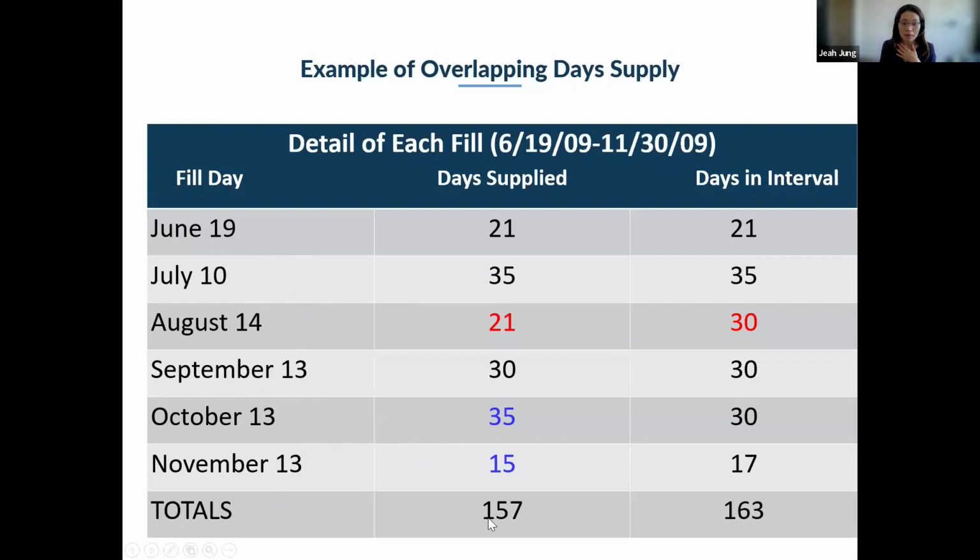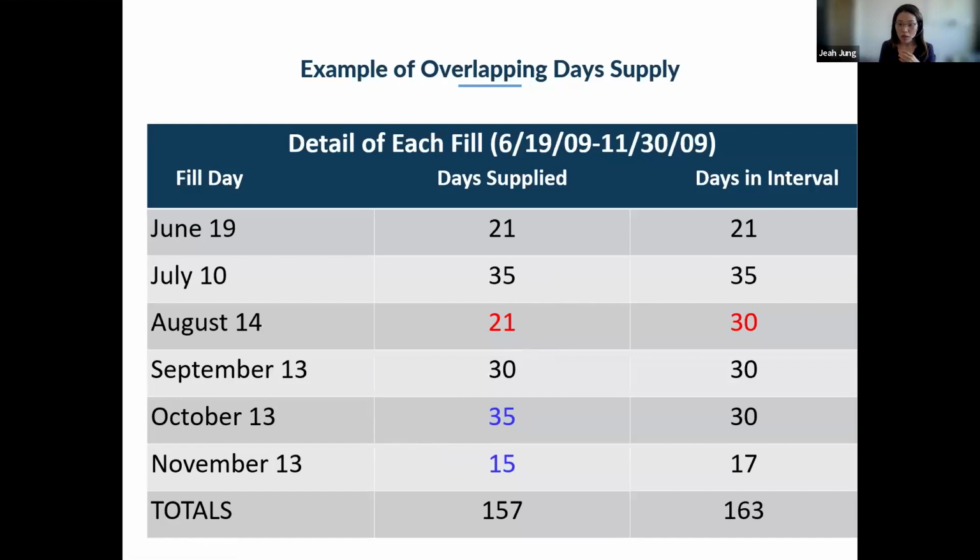So here, when you sum up all the days supply for your numerator of an MPR measure, what happens is that these 5 days of excess medications, which the beneficiary had in October, in the MPR calculation are counted towards some missing days in August.